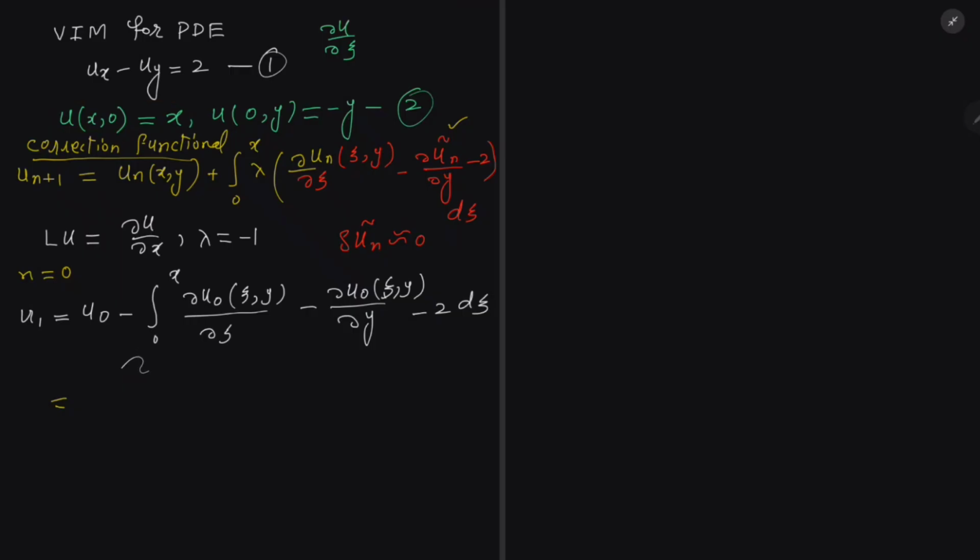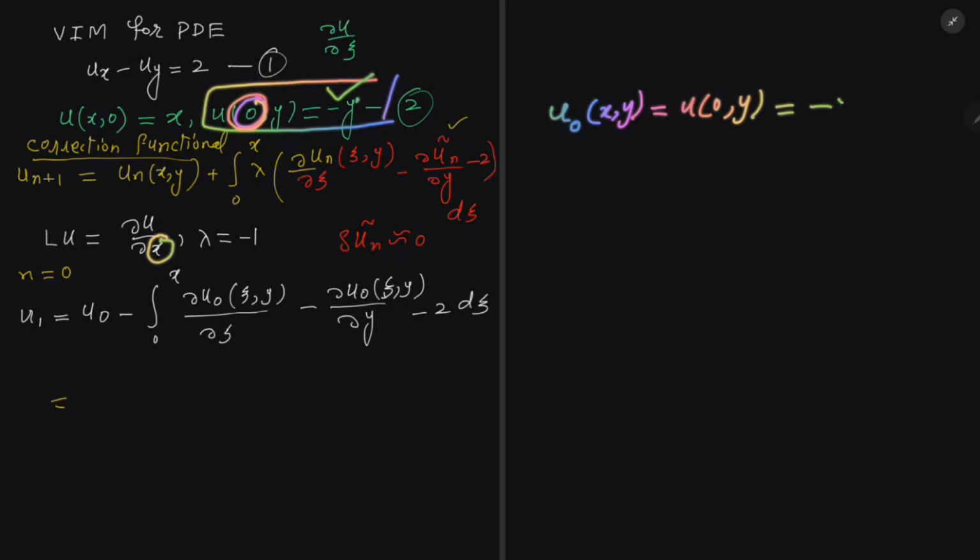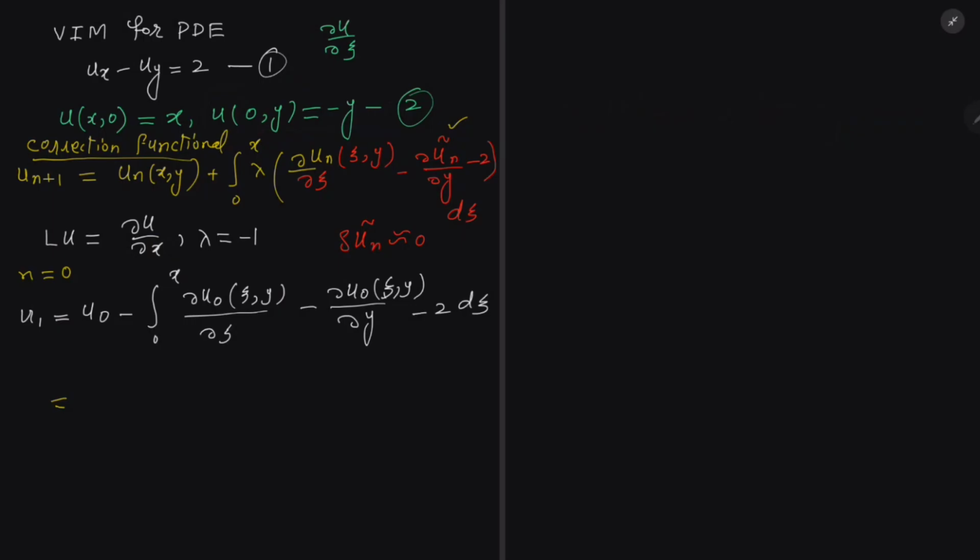I'm sorry, I have to look not at this initial condition but from here. Since we are taking the linear operator with respect to x, the condition should also come from this condition. So this becomes u0(x,y), u of 0, y is equal to minus y. That will be our initial approximation.